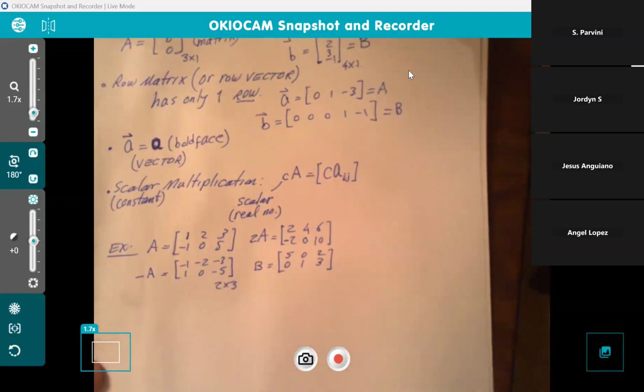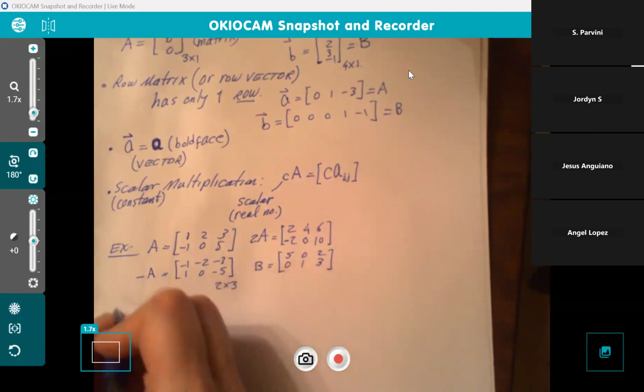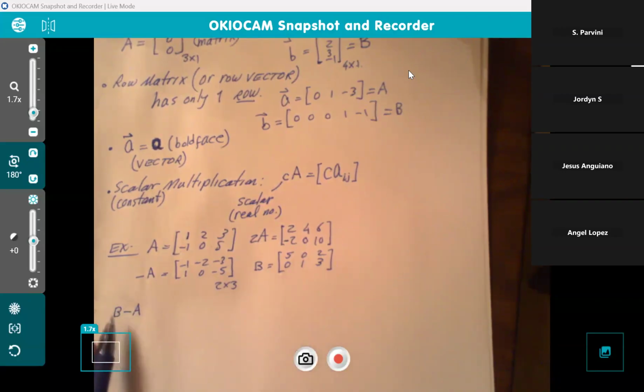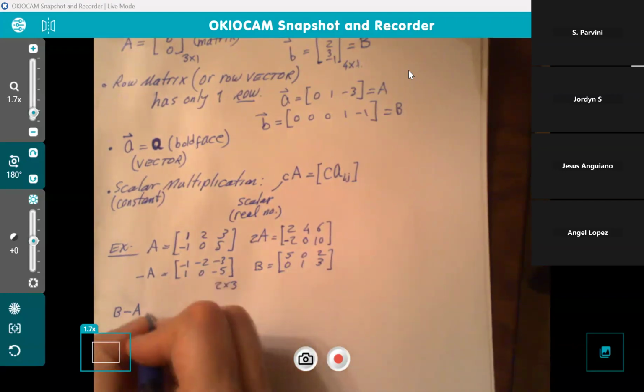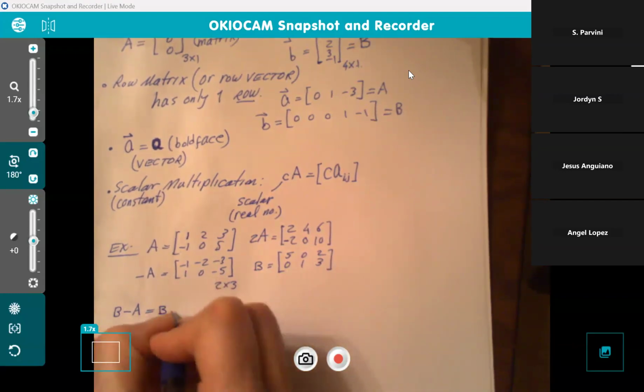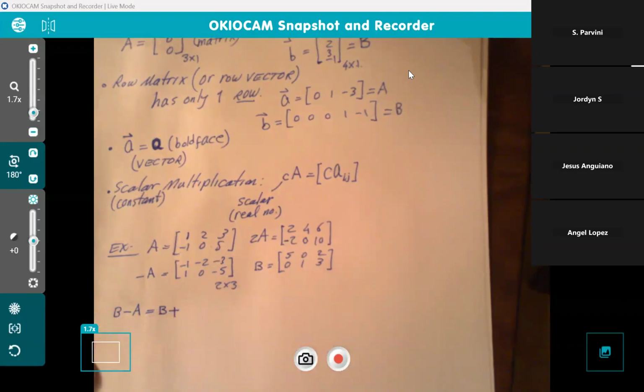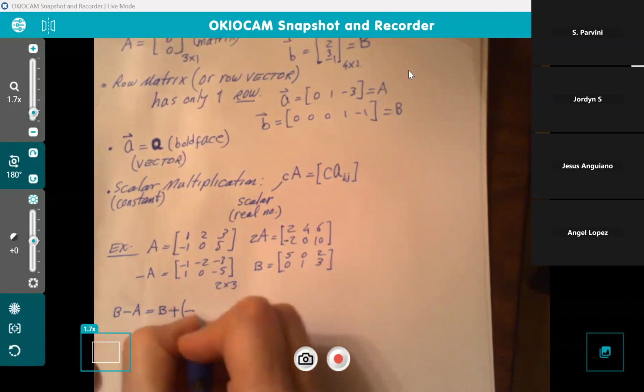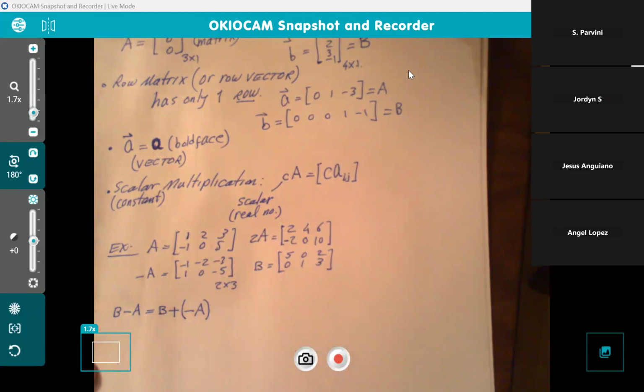So that's matrix B. Now, how would I do matrix B minus A? Notice we're actually doing matrix subtraction now. So to do B minus A, we actually do B plus the negative of A. Does that make sense?